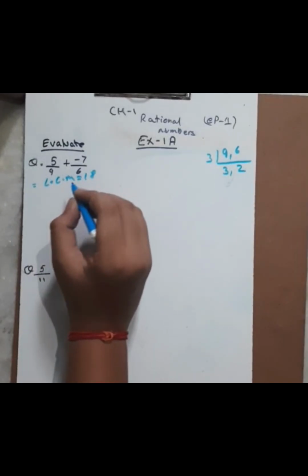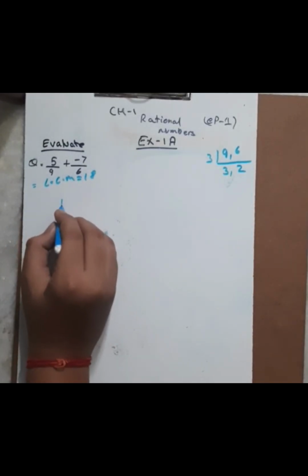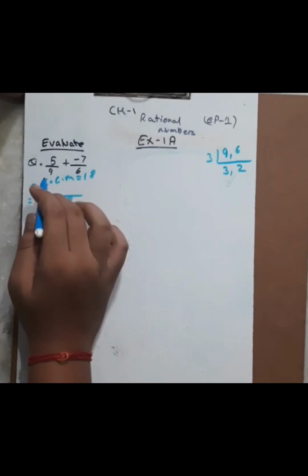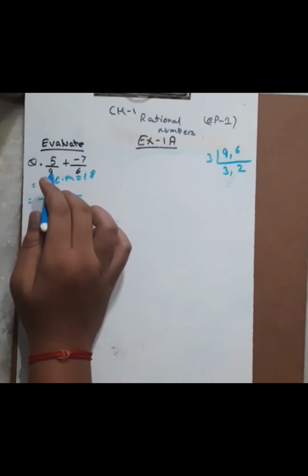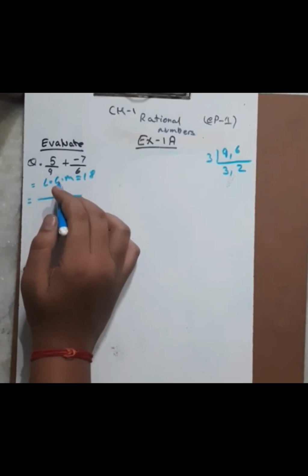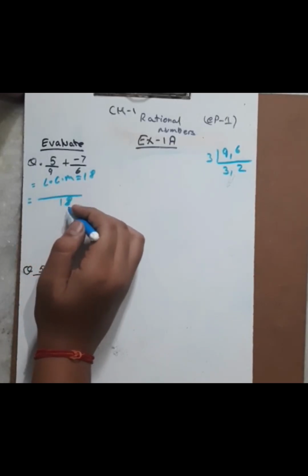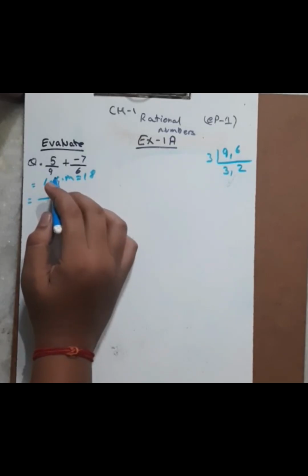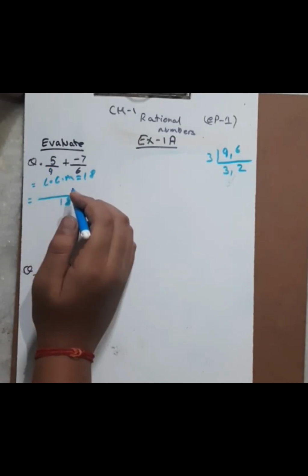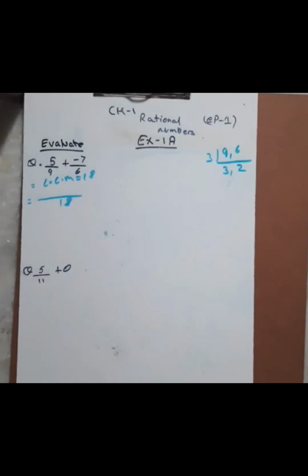The LCM will be 18. So 18 by 9, how many times does 9 go into 18? It's 2. Then we have to multiply it.